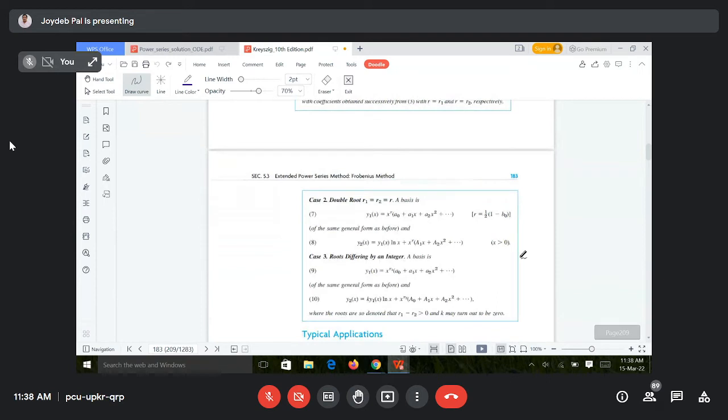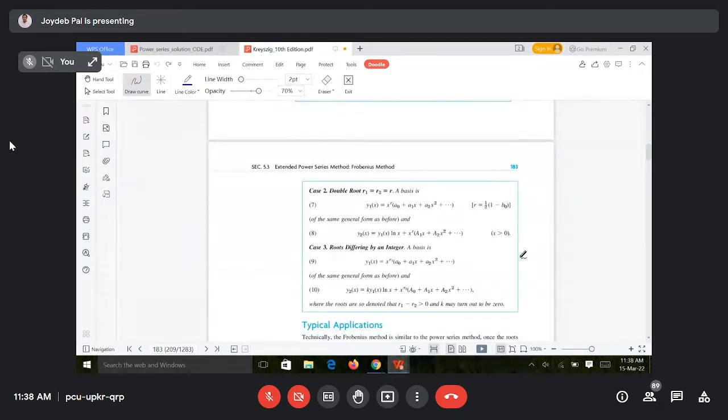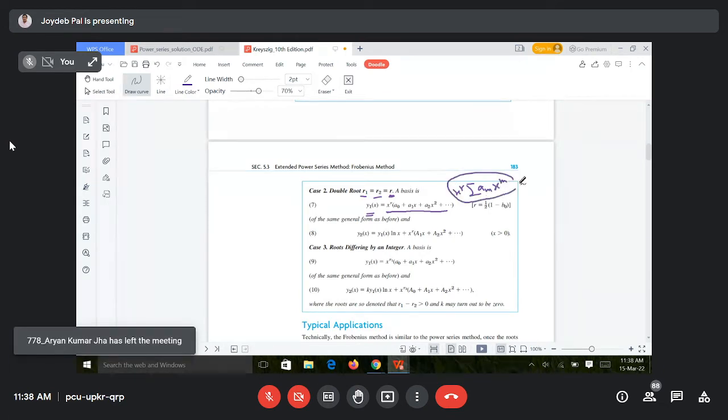Now the double root case. In the double root case, let's say both values of the roots are r. Then one solution will be x to the power r into summation a_m x to the power m, in that form.